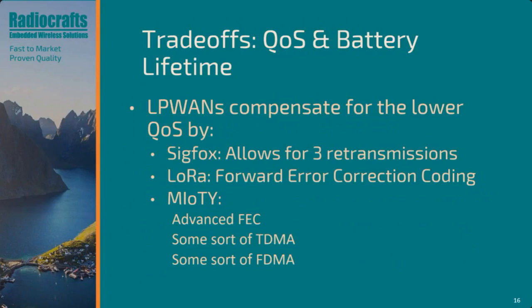It also uses FDMA and TDMA to ensure that the message is transmitted on different frequencies at different times, so that the message is not corrupted and it reaches the intended receiver. So maybe MIOTY, since it's the newest, is the most advanced in this aspect, compensating for the lower quality of service.